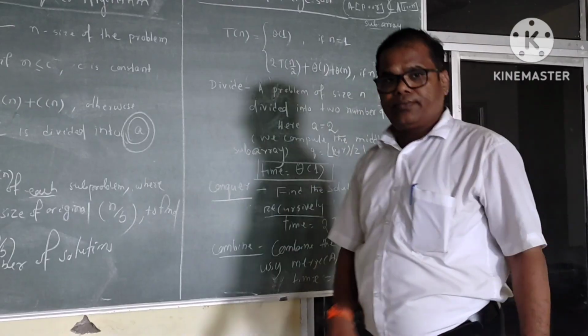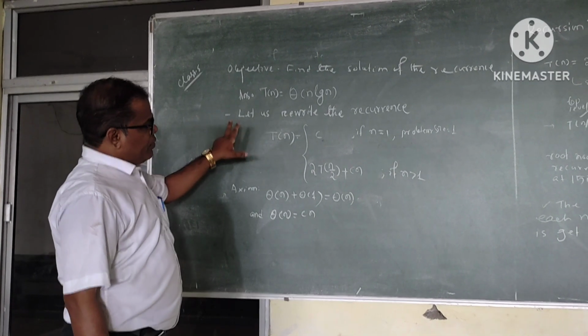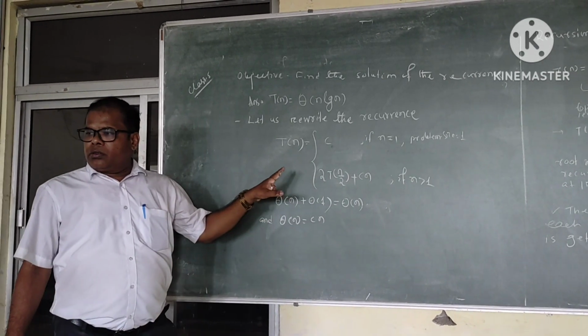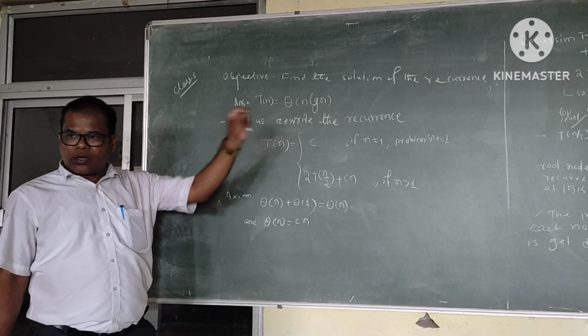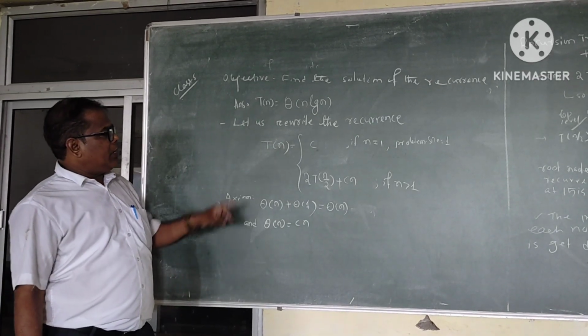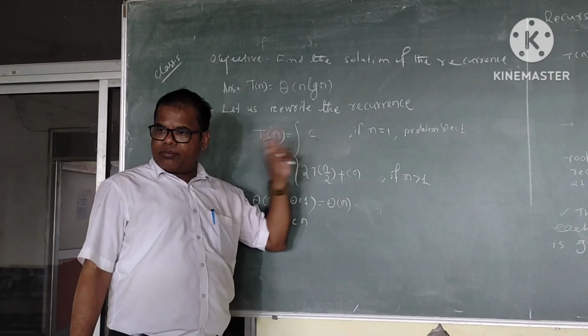So that's it. Now we have written the time analysis of merge sort in abstract notation, that is, 2T n by 2 plus theta n.